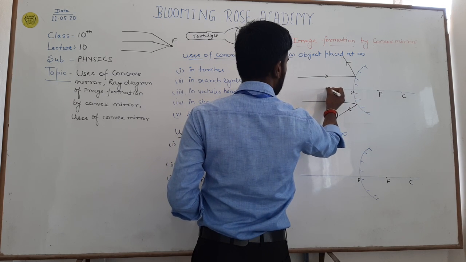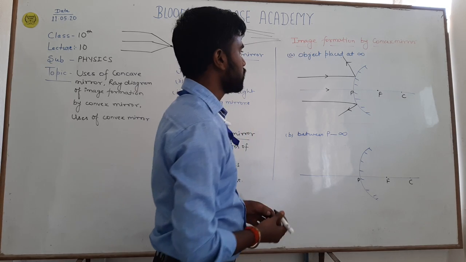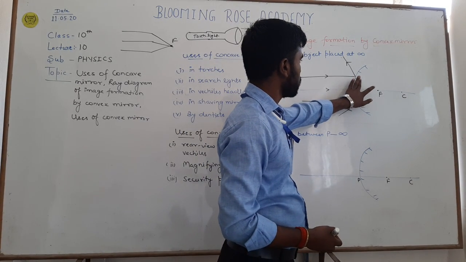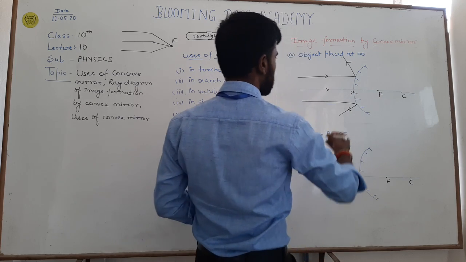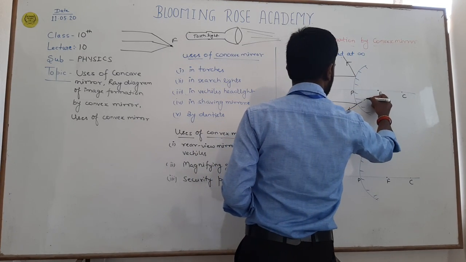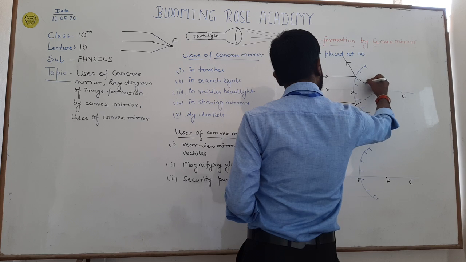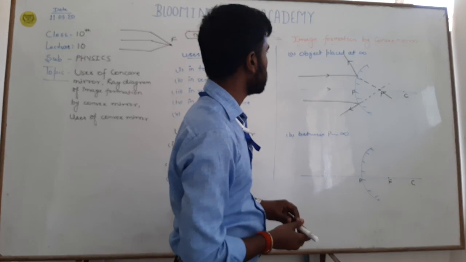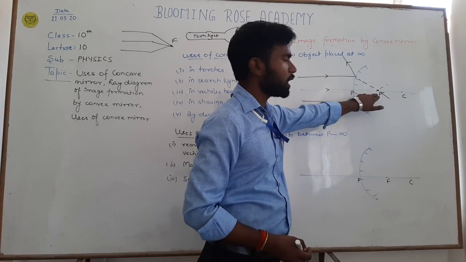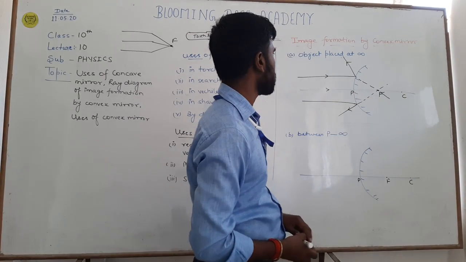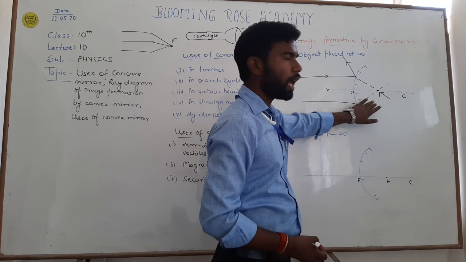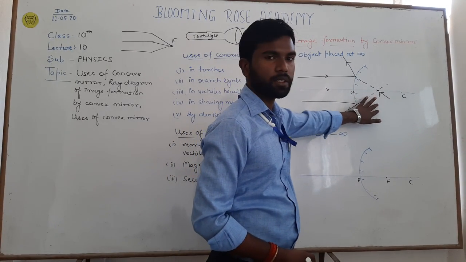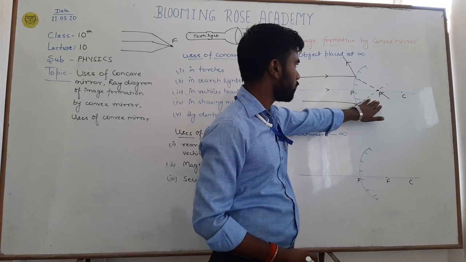Also from the pole it diverges, but you can see that when we extend these rays backward, they go through the principal focus and we get the image of the object at the principal focus. Also here the image is highly diminished or point size, and its nature is virtual and erect, because image formation by a convex mirror is always virtual and erect.